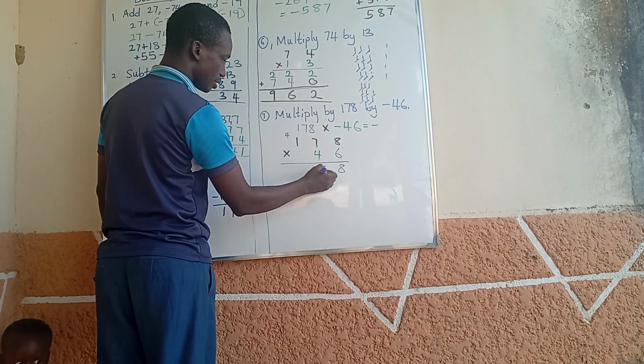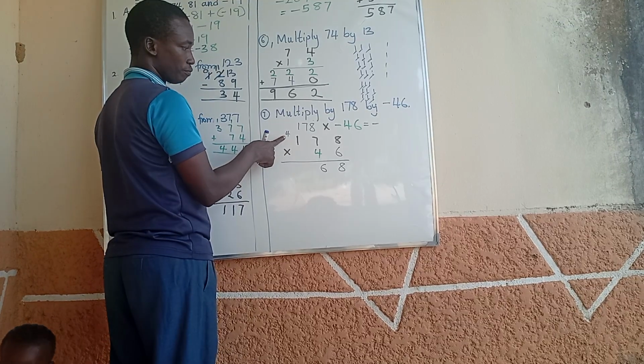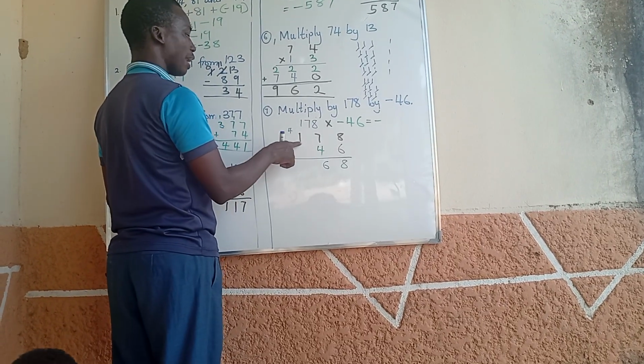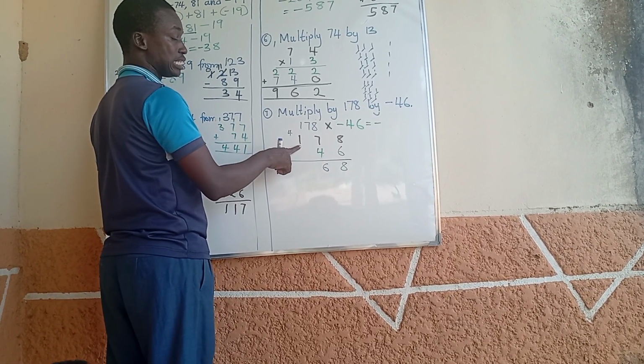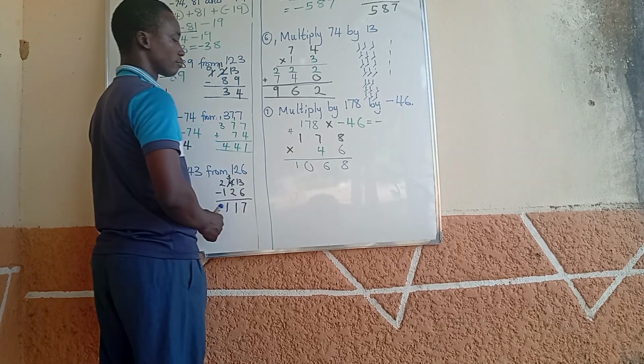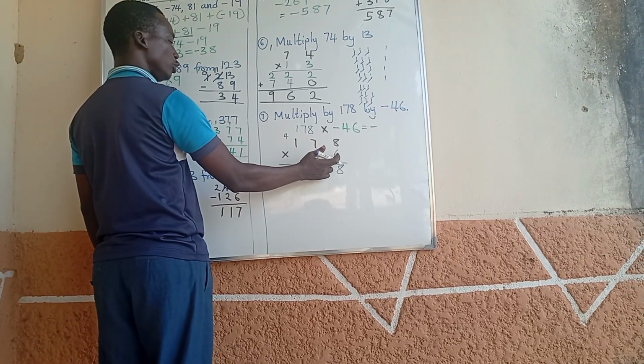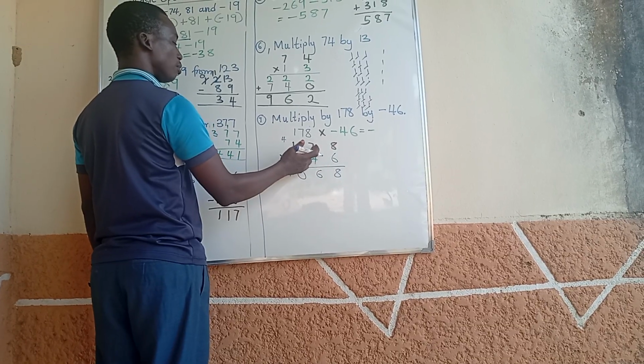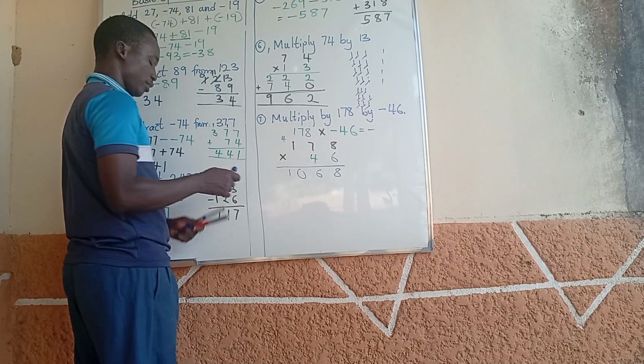Then we write 6 and still carry 4. Then we say 6 times 1, which is going to give us what? 6, plus this 4, making it 10. So we have successfully used 6 to multiply 8, multiply 7, and multiply 1.